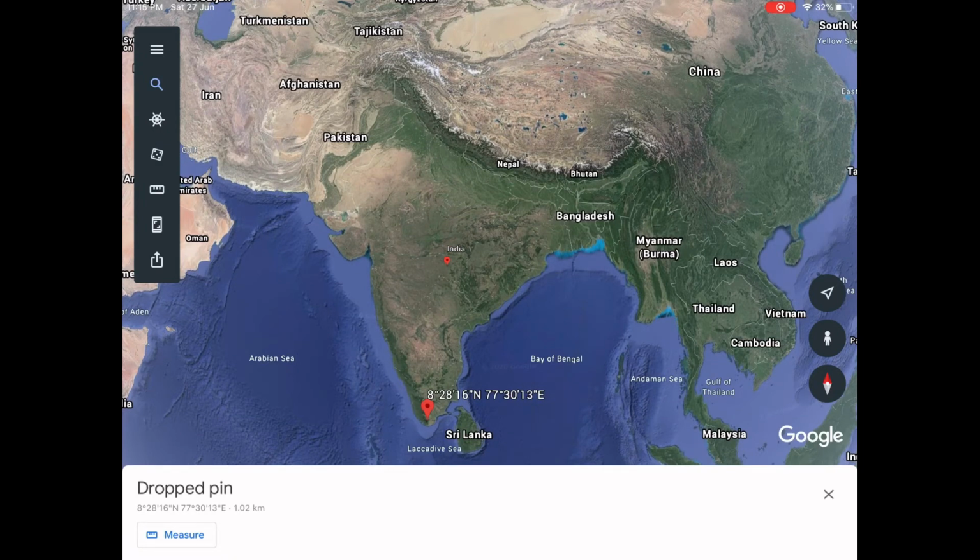Now if I point over here and drop a pin, it says 8 degree 28 minutes. Now this is the mainland India's last point. Over here, if you drop a pin, you can see something near about. Okay, but as we drop pins, you can see the different extent of it.